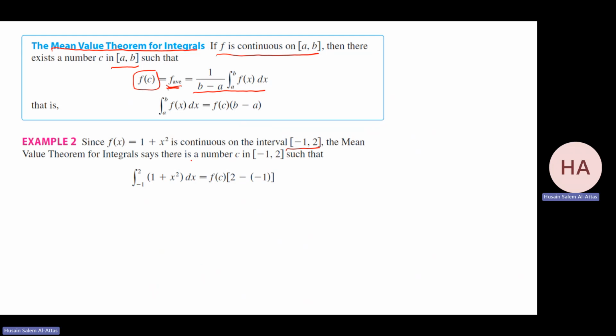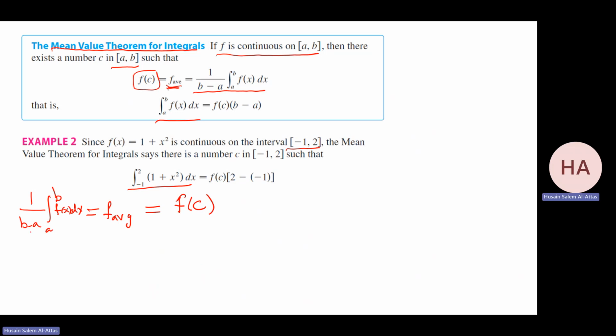Okay, suppose f is this in that interval. The mean value theorem said there exists a number c such that what? f average equals f of c. Or we can write it in this way. The integral is equal to f of c. This is the integral, 1 over b minus a, the integral from a to b of f of x dx.